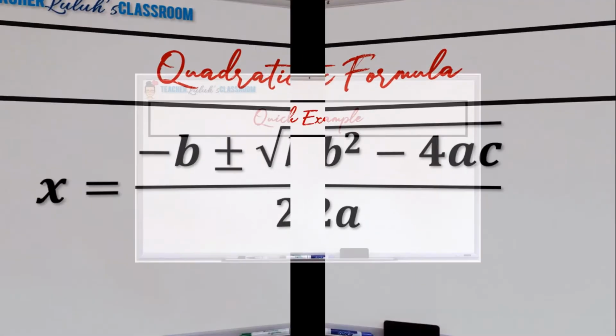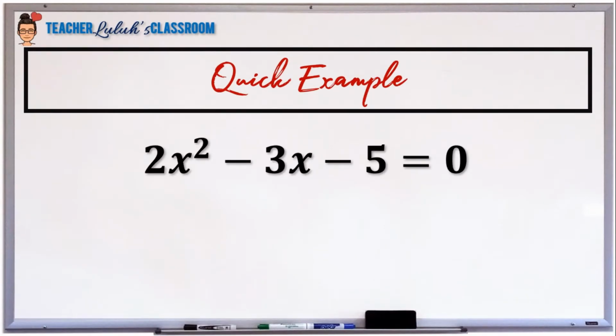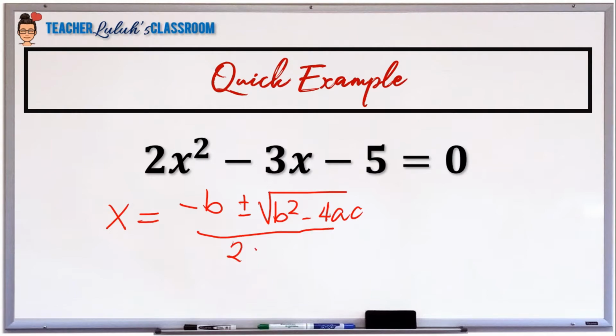So a quick example, let's have the equation a while ago, 2x squared minus 3x minus 5 equals 0. So to get the value of x, we use the quadratic formula, negative b plus minus square root of b squared minus 4ac all over 2a.